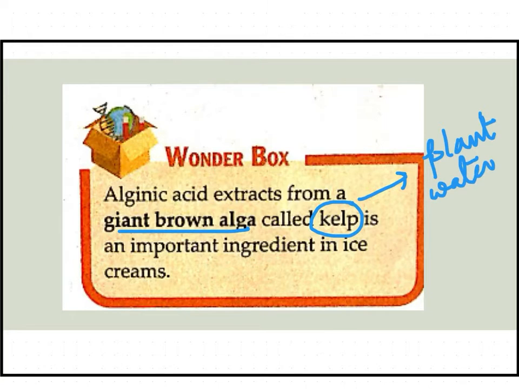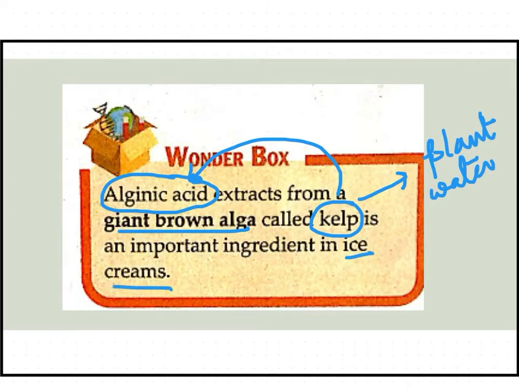From this alga, there is one substance which is extracted, called alginic acid. What do we extract from this algae? Alginic acid, and this substance is used in making ice creams.